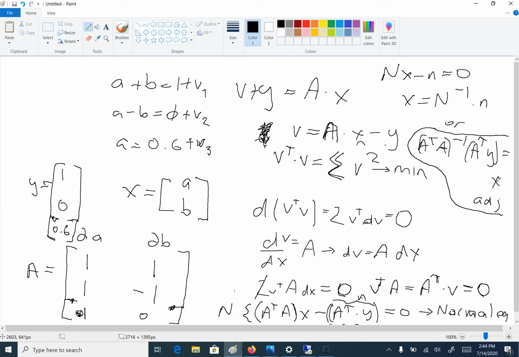So let's take a look at how the solution would look for our three equations over here.